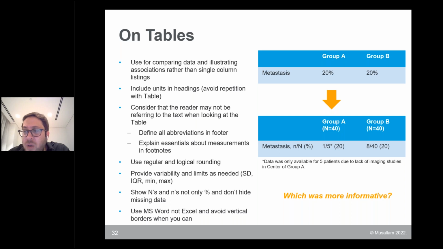But if you actually do give details that this was a group of 40 and this is a group of 40, but in this first group we had 35 or however many patients missing, so I'm only measuring 1 out of 5 rather than 8 out of 40. That gives the reader something more, that in group A there was something wrong, there was missing, so it might be biased. So try always to also give footnotes. If you put any abbreviations in your table, define them in the footnote, and you need to sometimes explain things like I show here in footnotes and such.